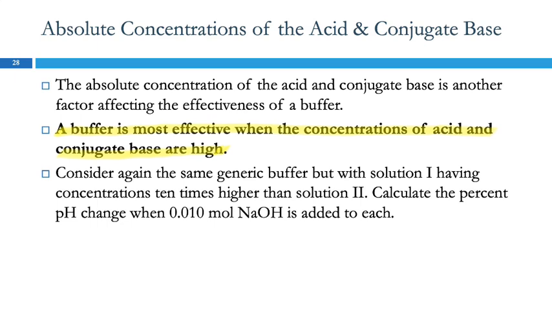So we're going to look at that same generic buffer. We've got the tables all set up, but this time solution 1 has concentrations of acid and base 10 times higher than solution 2, and again we're going to calculate the pH change when we add 0.01 moles of sodium hydroxide.